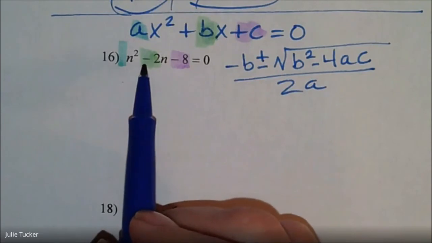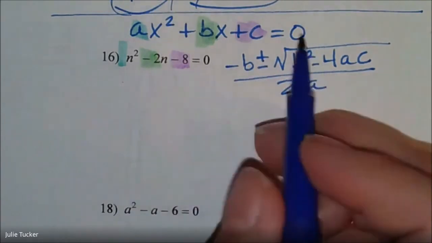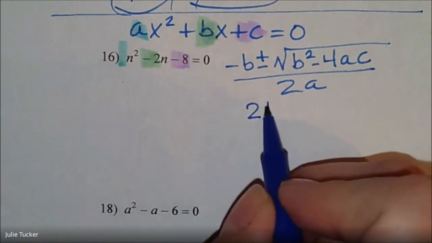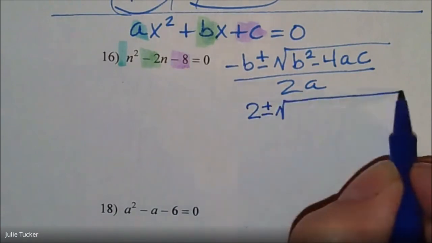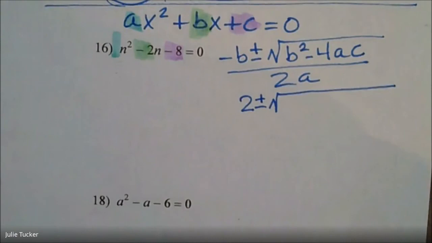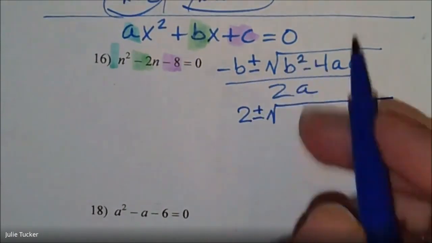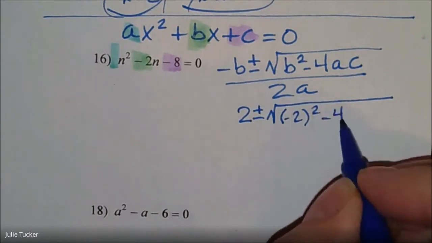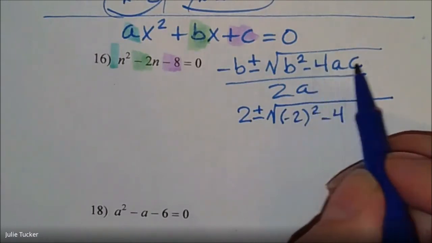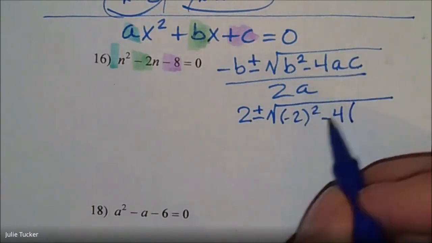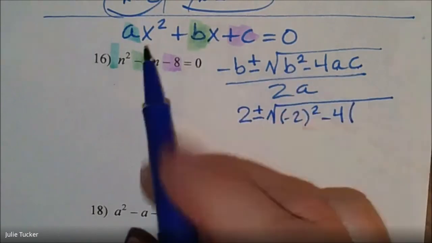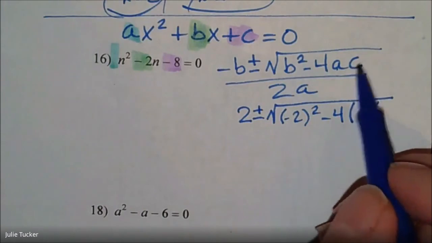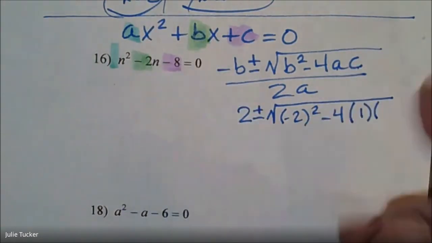So the opposite of -2 is +2. So we'll put +2 there. Plus or minus the square root of, now we need b squared. So that's going to be -2 squared minus 4 times a, which is 1, times c, which is -8.